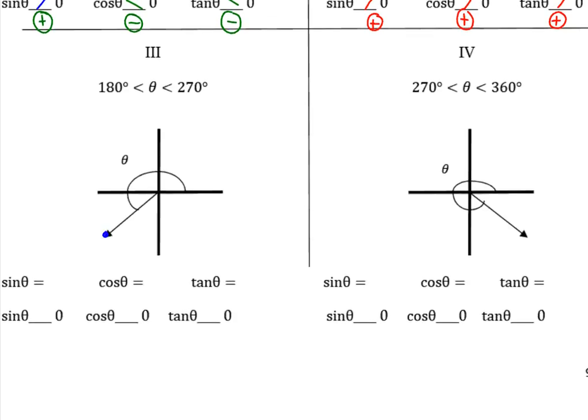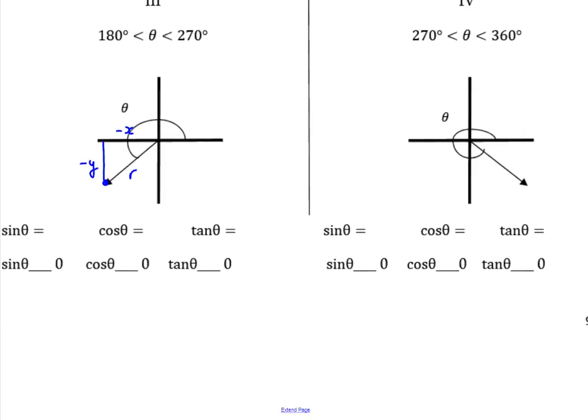What do you know about 3 and 4 about the signs? x is negative and y is negative. What about r? Positive. Okay, so sine, negative y over r, it's going to become a negative over a positive, which is less than 0.